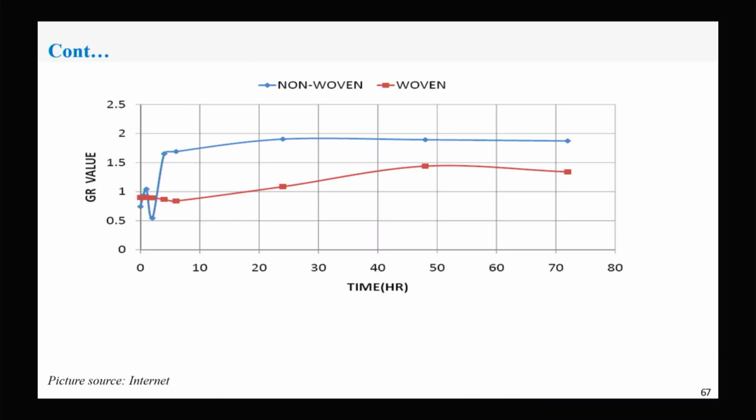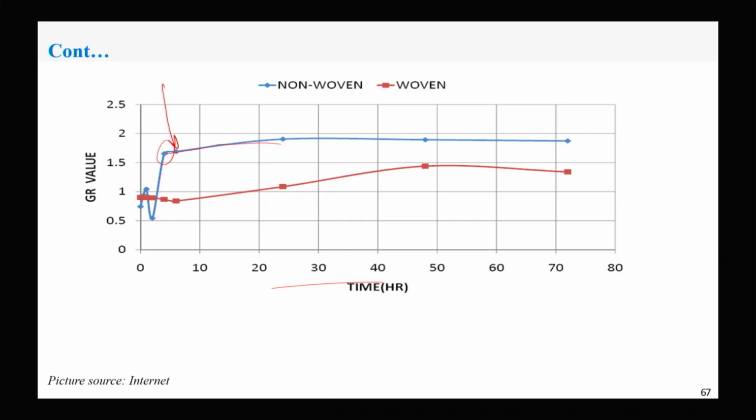Now, if we can see here, two materials, one is non-woven, another is woven. For these materials, after a certain time, the gradient ratio becomes stable. Initially for non-woven there is a disturbance and a shoot up, and after that when the stable structure is formed, the gradient ratio remains almost stable.